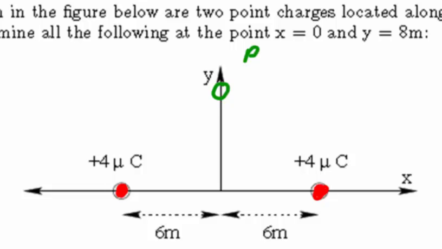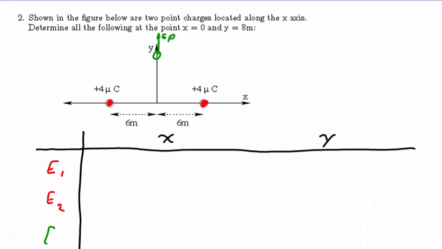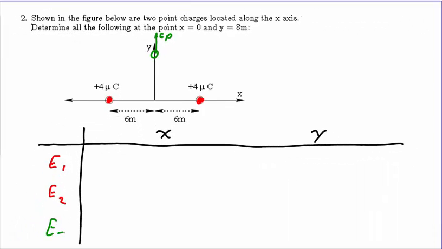Because of the symmetry between the two charges, the electric field at the point P will not prefer left, it will not prefer right. It must be in the vertical direction. Therefore, going down to our table for E total, the electric field will have a y component, but it will not have an x component.